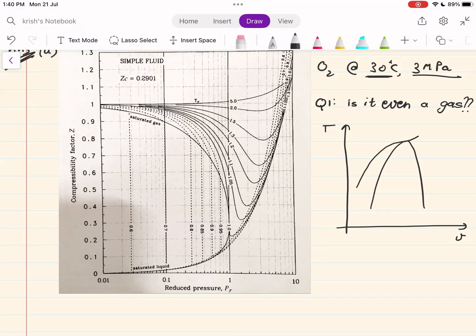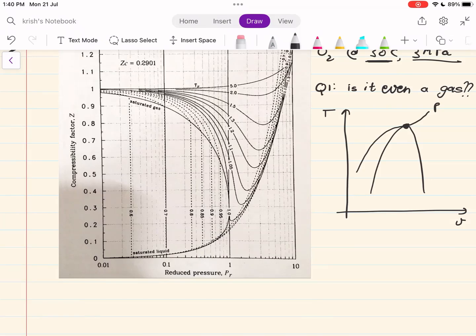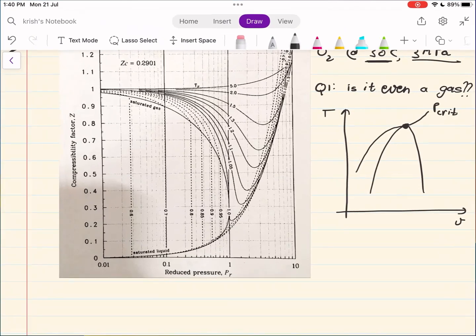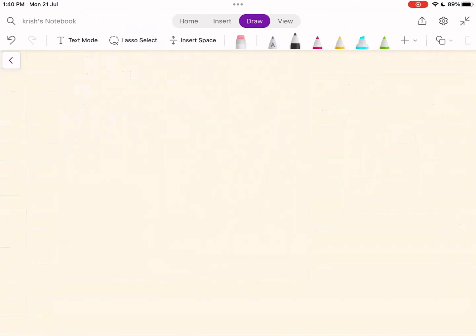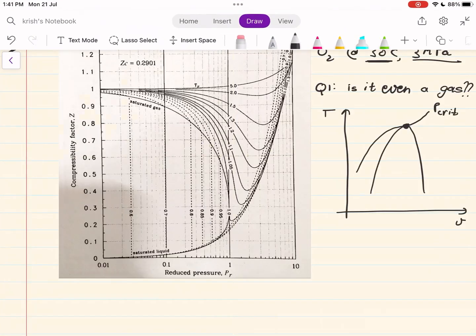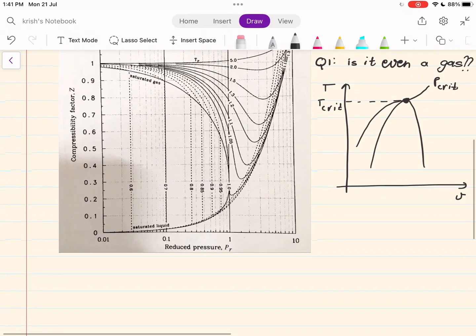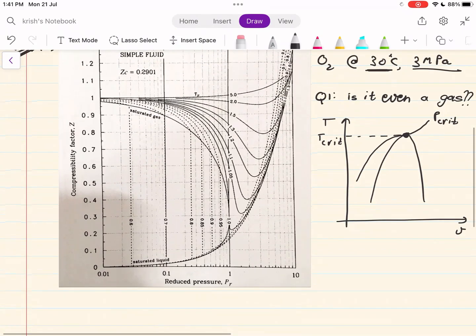This was our supercritical. This was our P crit line, and this was our T crit. If you see these values from the tables, you will get the other line something like this, and your T given will be over here.